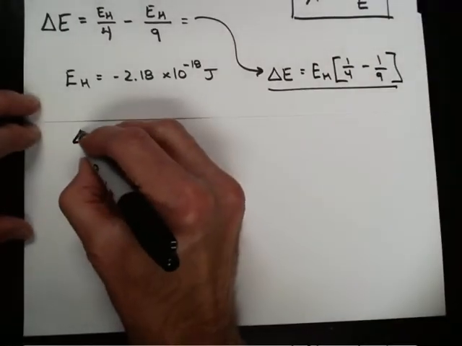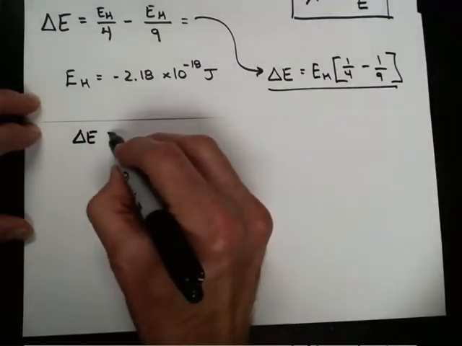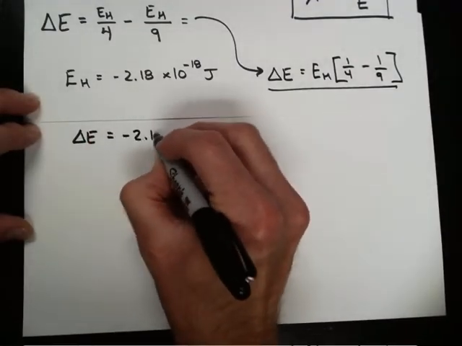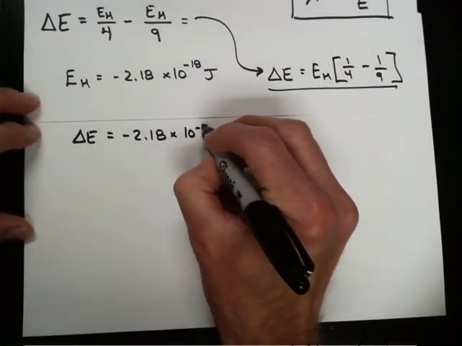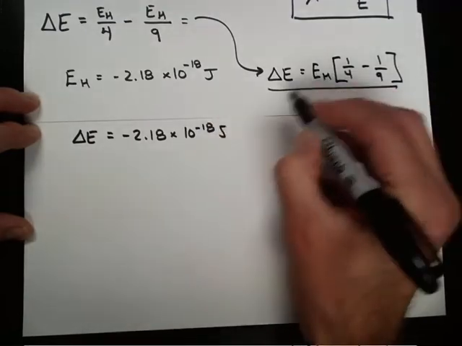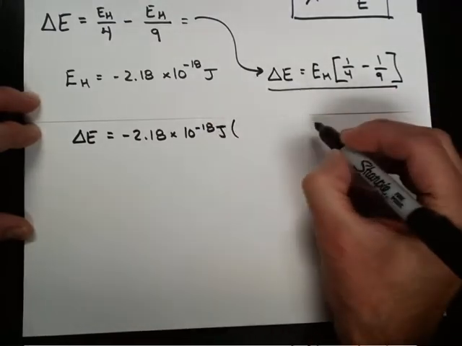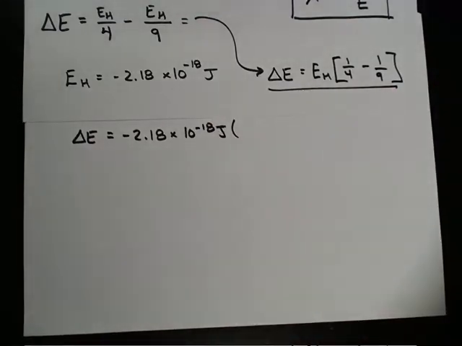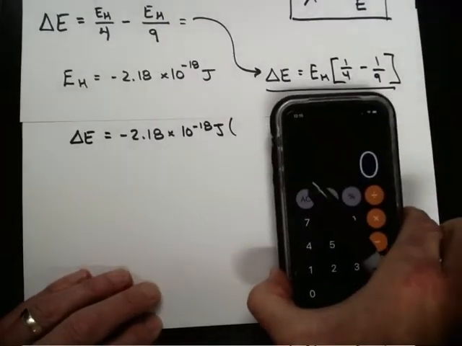So let's see, I got my change in energy for this process. That's going to be negative 2.18 times 10 to the negative 18 joules. That's my E_H. And we're going to multiply that by a quarter minus a 1/9. Well, a quarter, that's just 0.25.